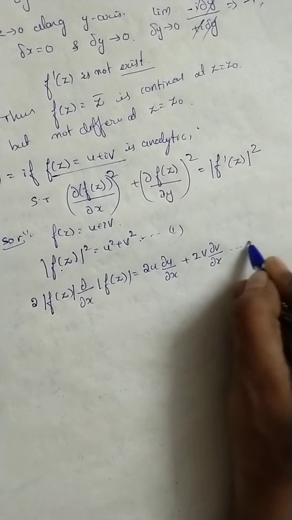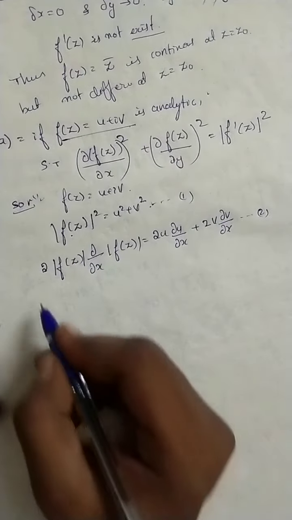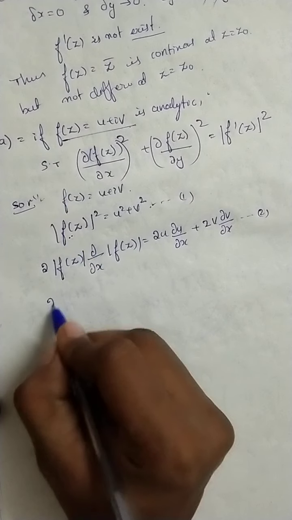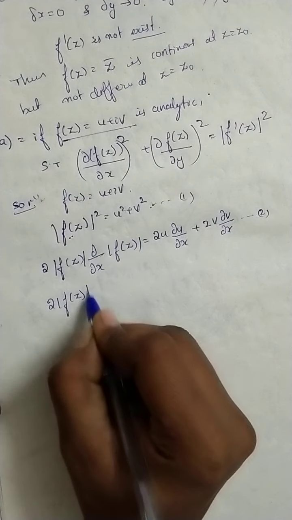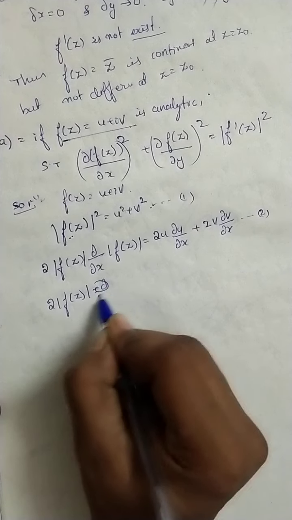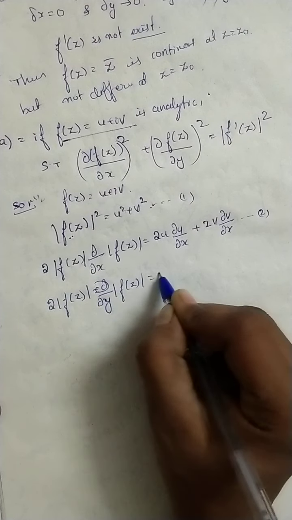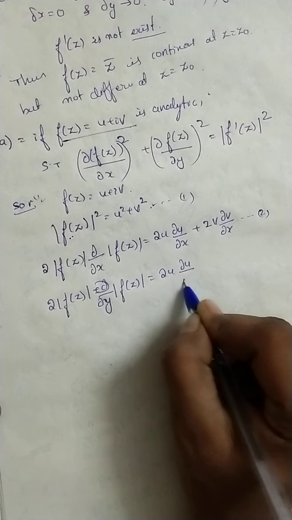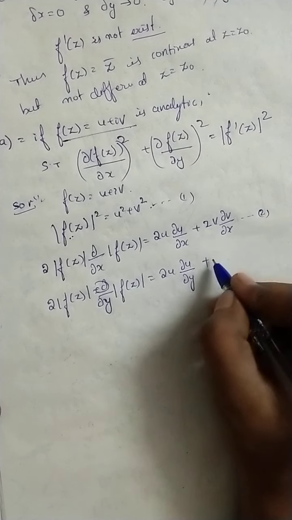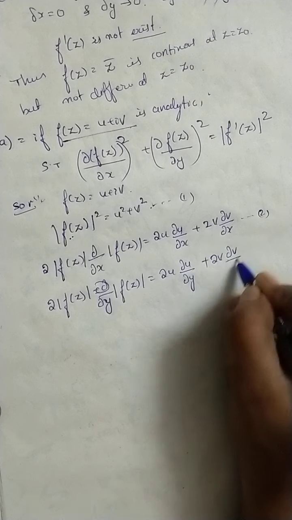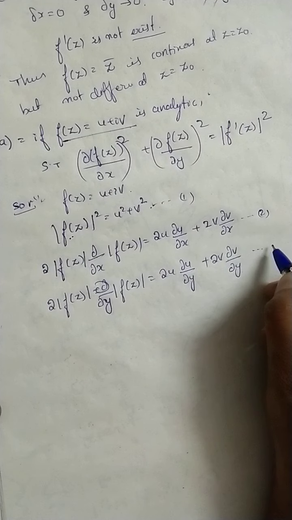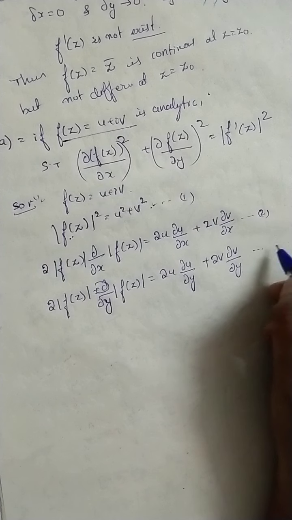This is our second equation. Again this equation we have to differentiate with respect to y. So just here you have to write with respect to y. That's it. Same value repeating because x and y is not present here. Okay, so this is our next equation, equation 3.